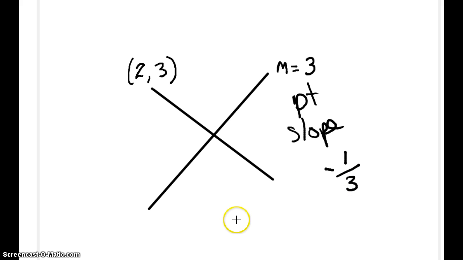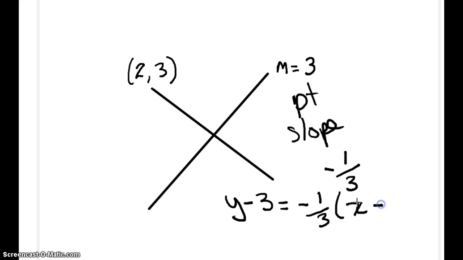Do we have a point? Yes, so now I can just do y minus 3 equals negative 1/3 times x minus 2. I can simplify that. Negative 1/3 x plus 2/3.